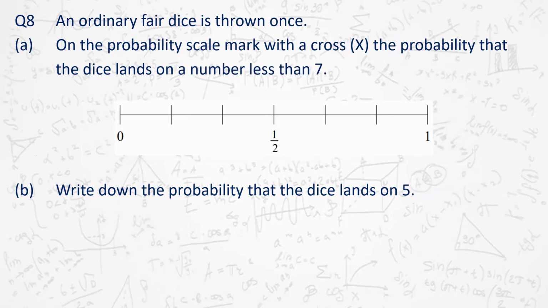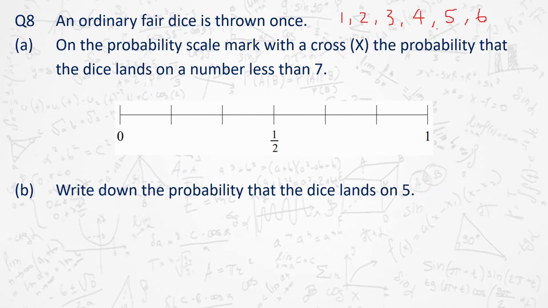Question 8. An ordinary fair dice is thrown once. Again, 1, 2, 3, 4, 5, 6, 6 options. On the probability scale, mark with a cross the probability that the dice lands on a number less than 7.